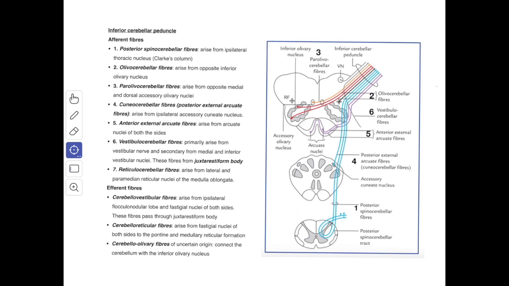The second group of fibers are the cerebello-reticular fibers. They arise from the vestibular nuclei of both sides to the pontine and the medullary reticular formation. The third group of efferent fibers are the cerebello-olivary fibers. They connect the cerebellum with the inferior olivary nucleus.